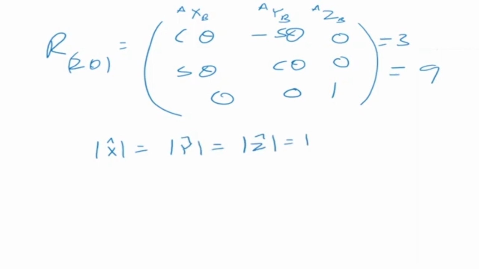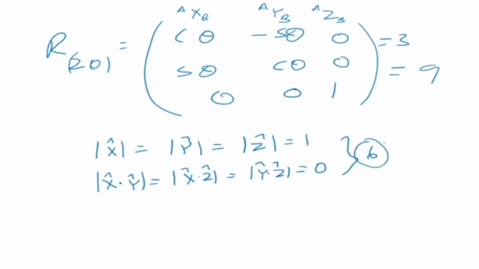Why? Because these are axes which are unit vectors in 3 orthogonal directions. That is the way we have set up our frame, or that is what we mean by an axis system. The other constraints are that the dot product of x and y is equal to the dot product of x and z is equal to the dot product of y and z is equal to 0. So we have 6 constraints here.